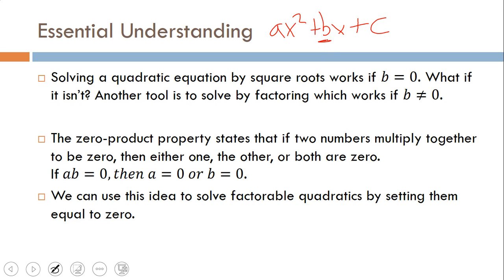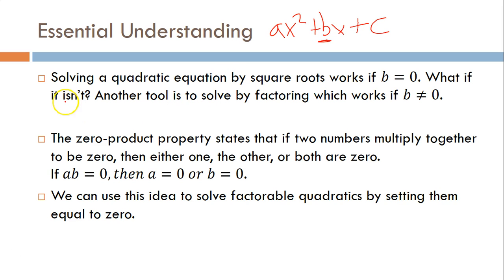We had something like 4x squared plus 49, or even just x squared plus 49, and then the answers are 7 and negative 7. That worked out great, and graphing worked out great, but what if b isn't 0? Well, we actually had this already. The b not equaling 0 was like our quadratics that we would factor.